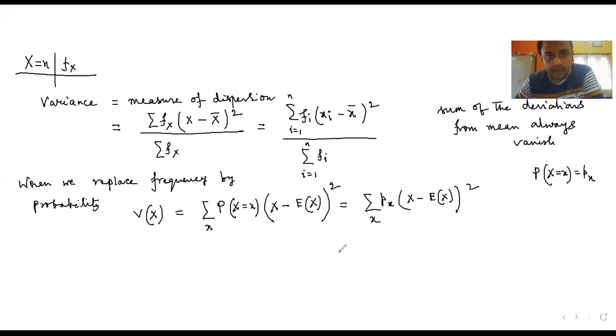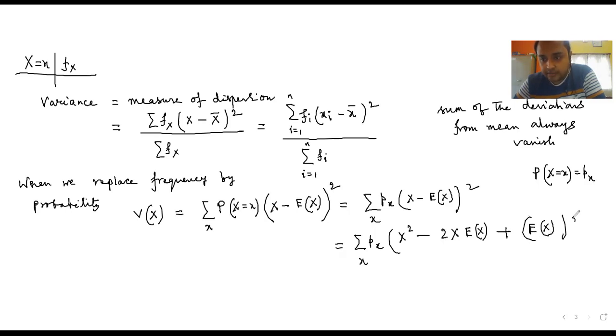Now I'm going to break the square. So we get it as follows: this becomes x squared minus 2x E(X), and this becomes plus E(X) whole squared.